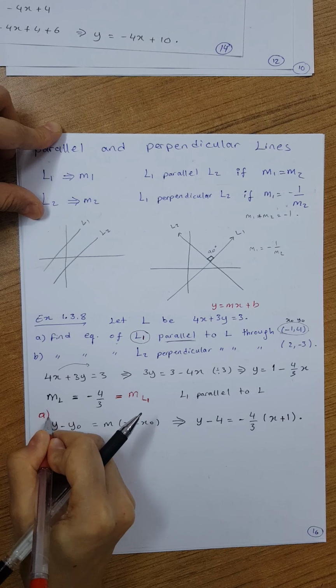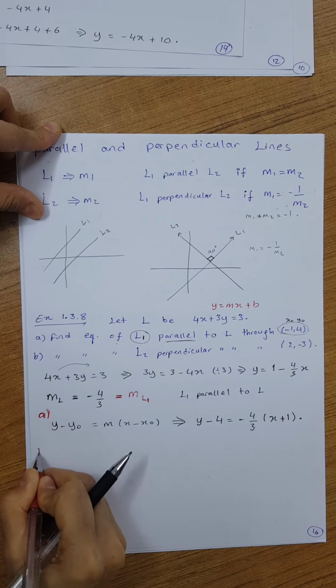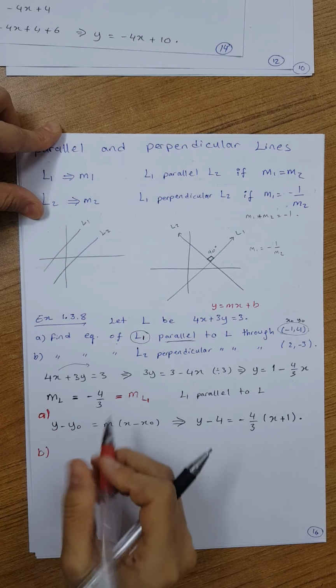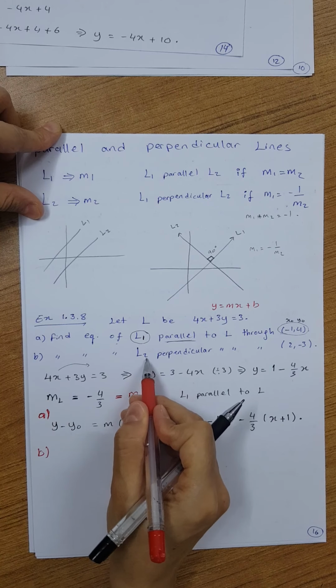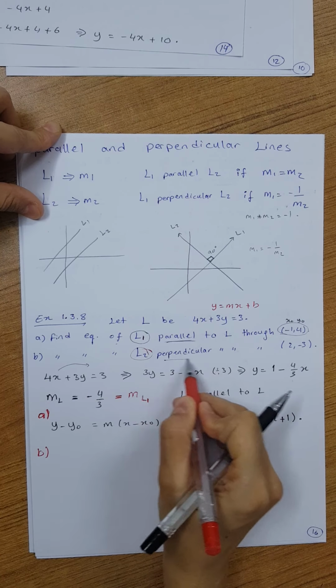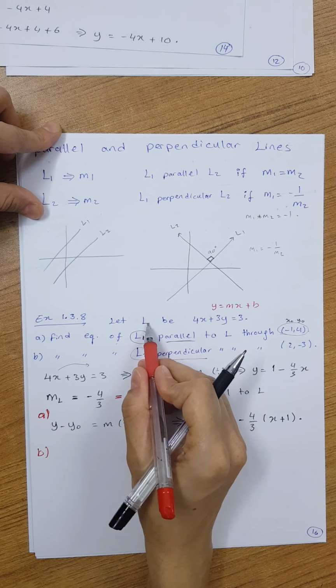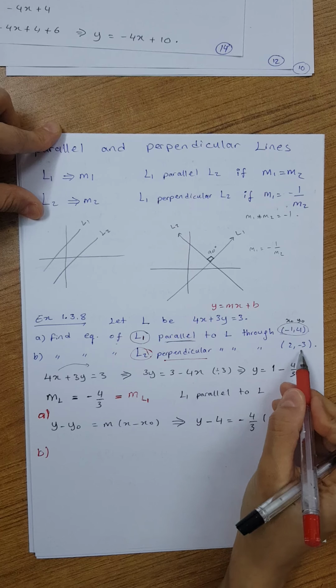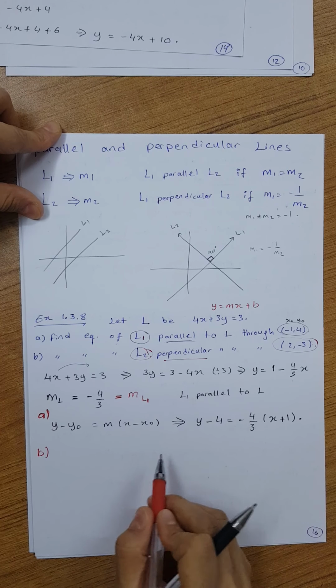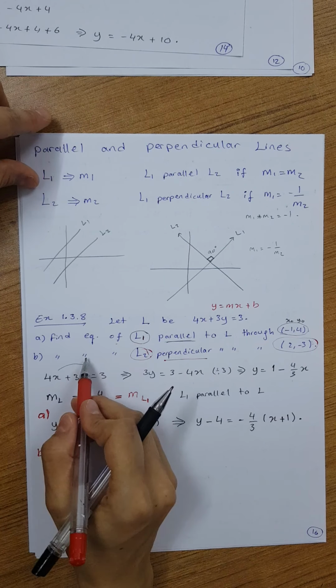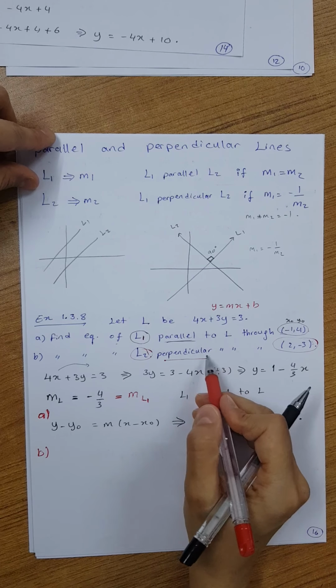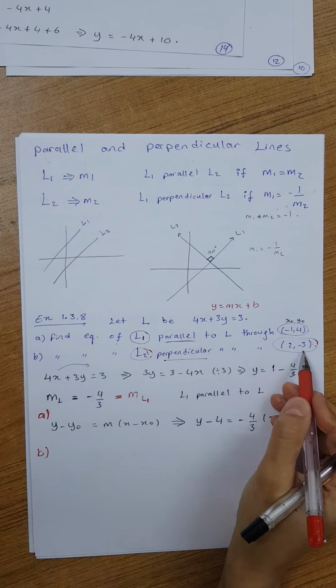Okay. The second requirement, what is required from us? It says find the equation of line L2 that's perpendicular. This time this L2 that I'm searching for is perpendicular to that L that is given to me and passes through the point 2 and minus 3. Again, for finding the equation of a line, I need m, that's the slope, and the point.